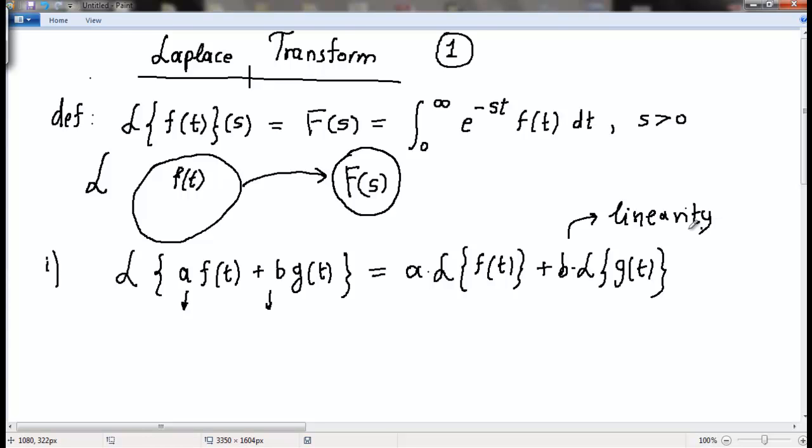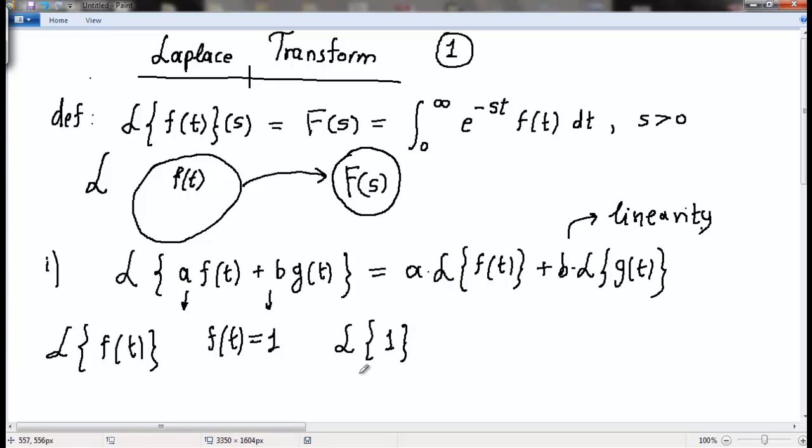Now, let's start to calculate some very simple Laplace transforms. I want to calculate the Laplace transform of f of t when f of t is 1. So actually I want to find the Laplace transform of the function 1, a constant function. How can I do that?